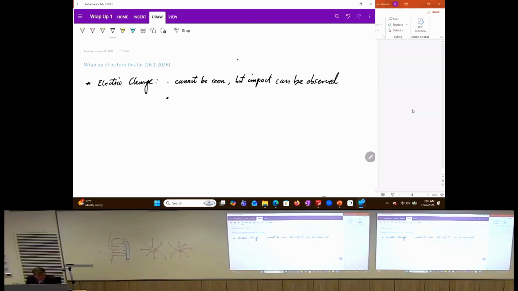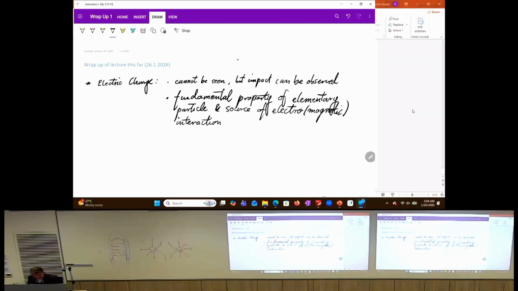Then we have summarized that the electric charge is a fundamental property of elementary particles, and that it is also the source of the electric, or respectively electromagnetic, interaction. We also said there are two types of charges, a plus and a negative charge.